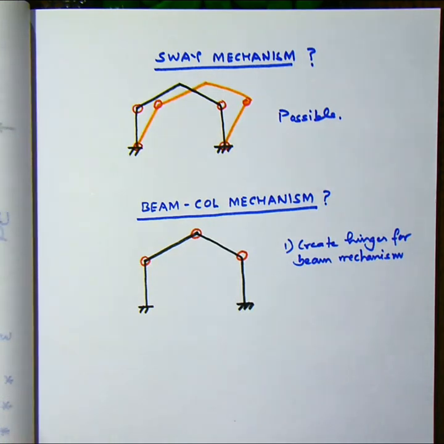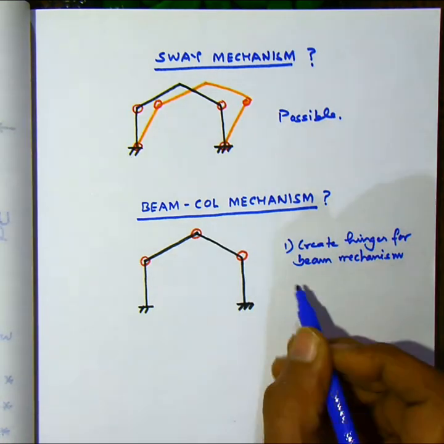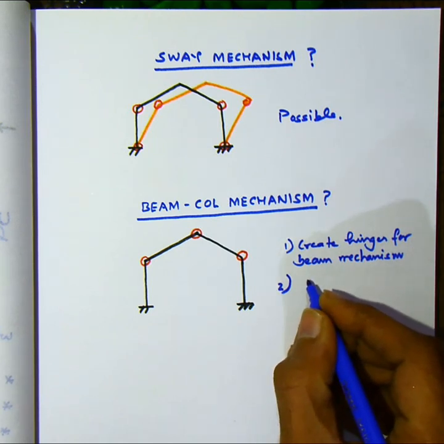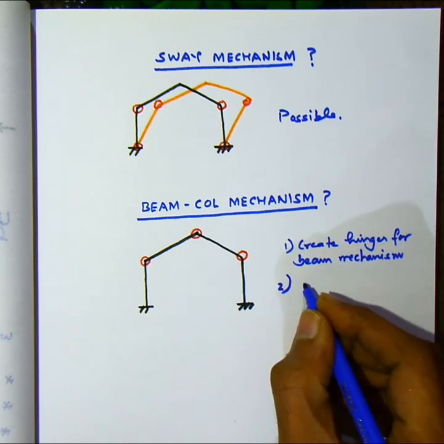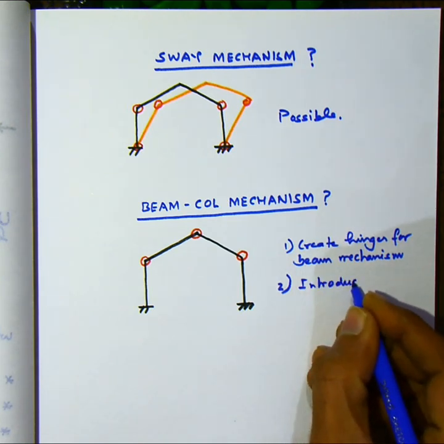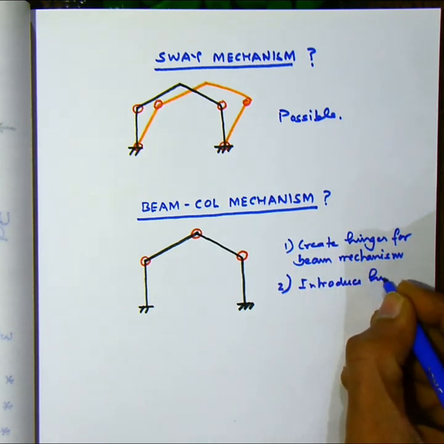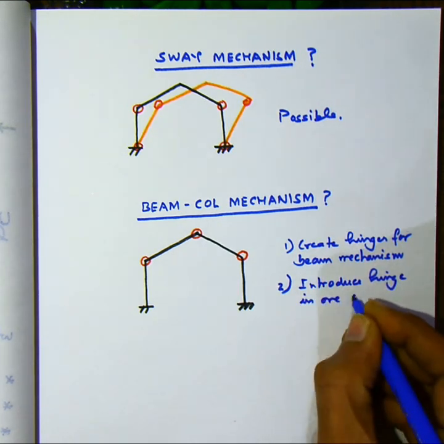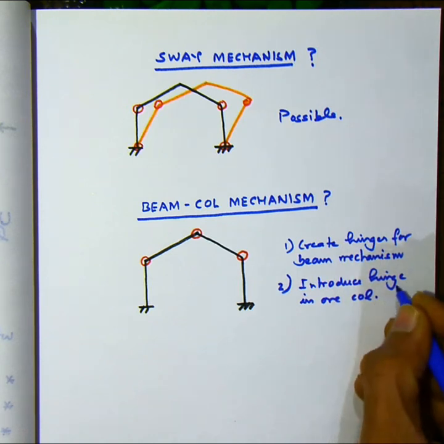So first what we have done, we are just marking here the hinges for the beam mechanism. And this is not a mechanism, but if we create one more hinge, will that be a mechanism?